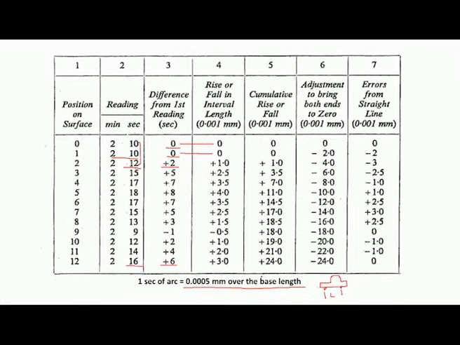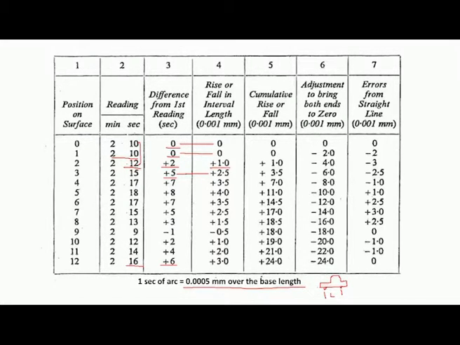So for the rise or fall of the interval, the difference in seconds is 2. So 2 into 0.0005 millimeter gives us 1 micrometer, or 0.001 millimeter. Then 0.0005 times 5 gives us plus 2.5 micrometer.